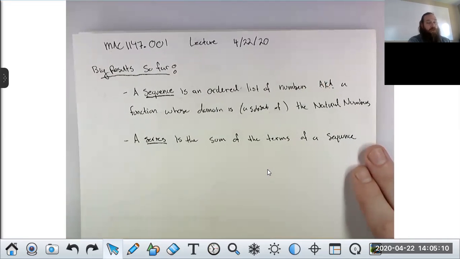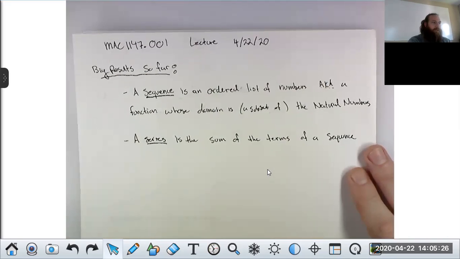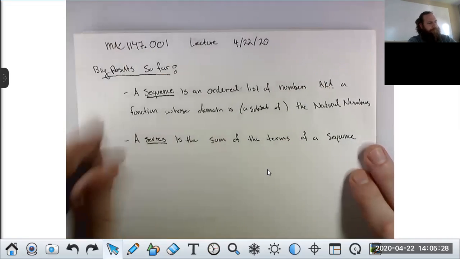We have geometric sequences, probably the most important, also arithmetic sequences, and we talked about recursively defined sequences. When we talked about series, we talked about geometric series. We had a big result there. And then we also have a few littler results.